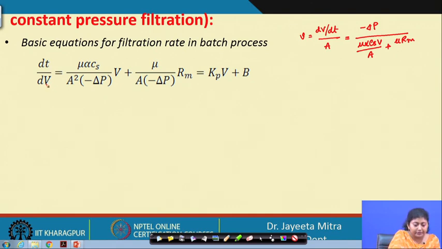Now, it has been interpreted as dV amount of filtrate has passed through the filtration system in dt time through the cake as well as through the filter medium.